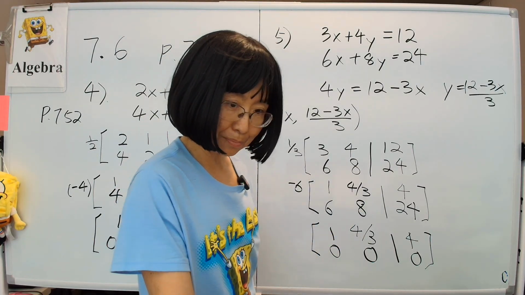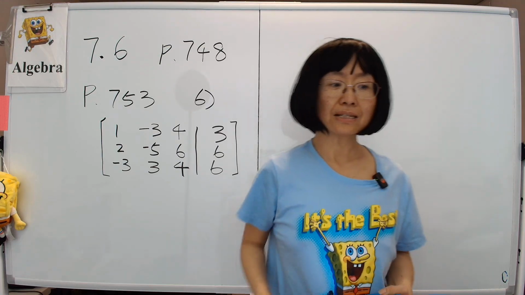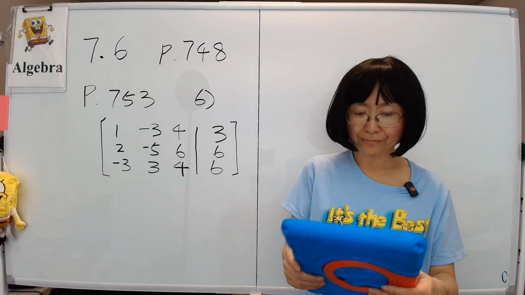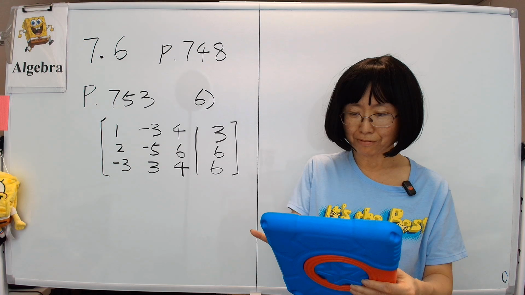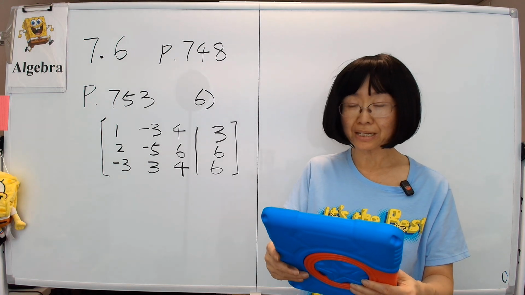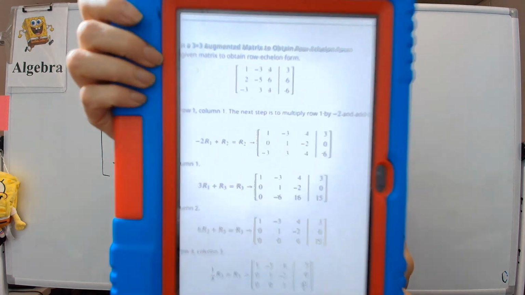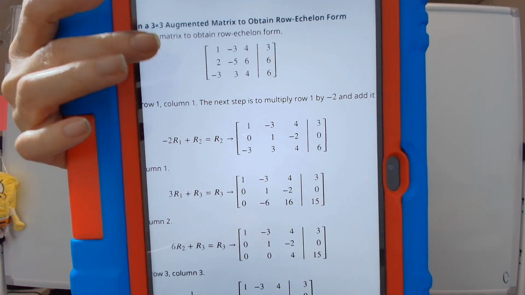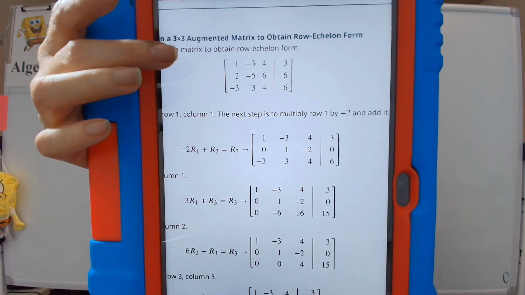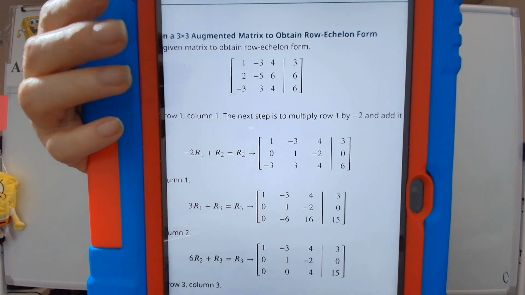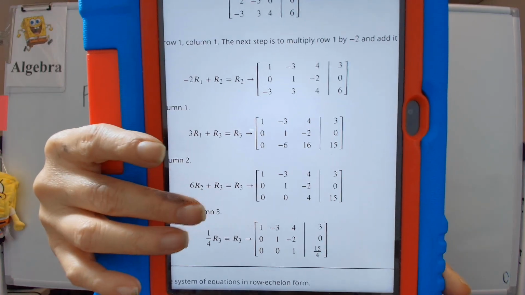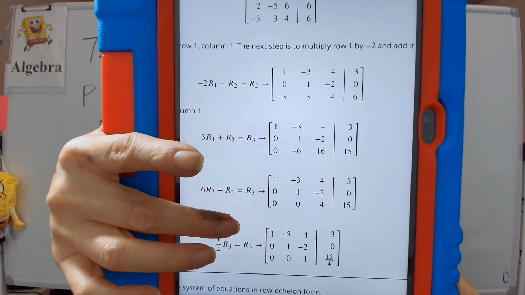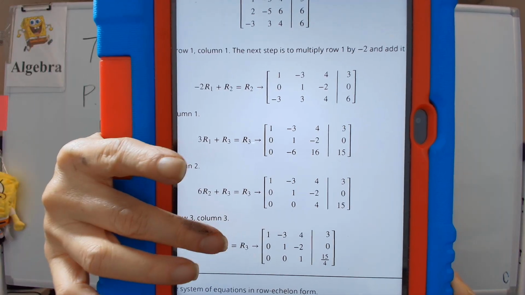So that's example 5. Next, let's look at example 6 on page 753, where we have a matrix that we need to turn into a row echelon form. In other words, we have a random matrix here, and we have to multiply each row by something and add it to another row until it has 1 down the diagonal and all zeros under the 1s.